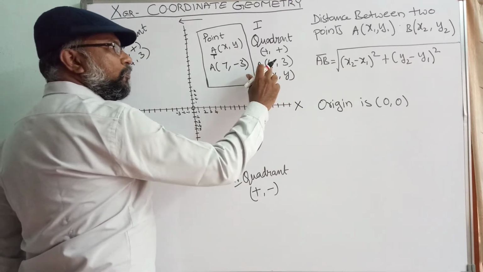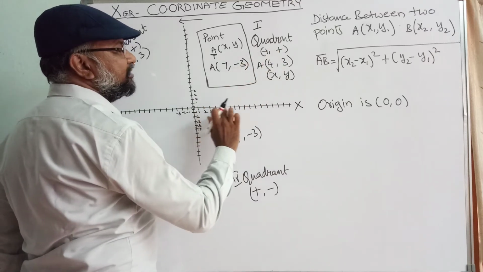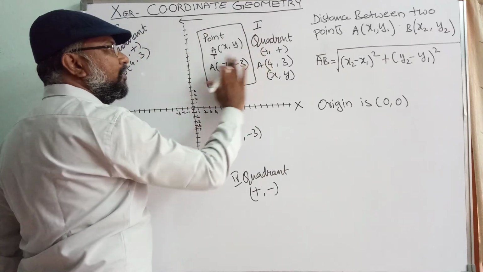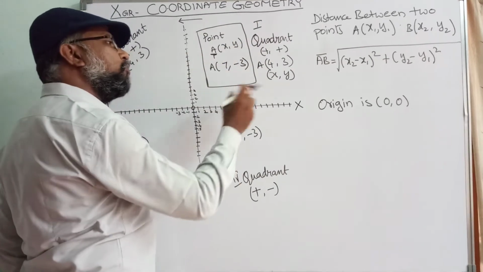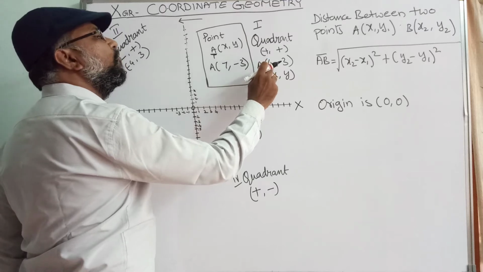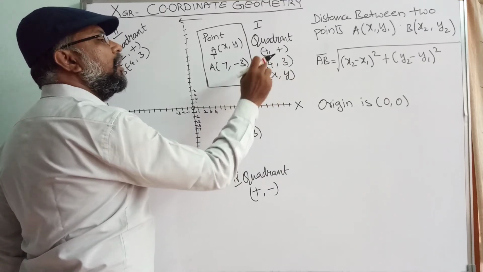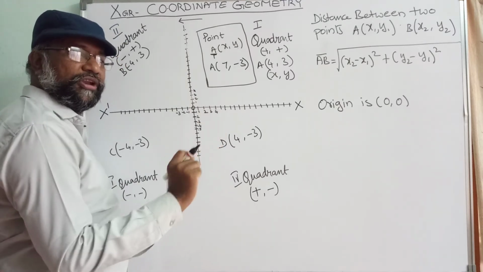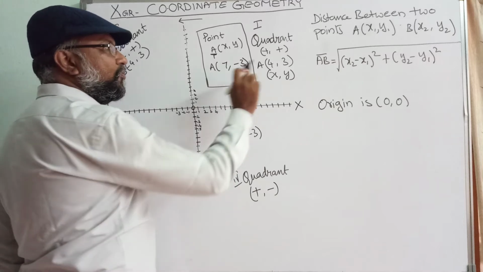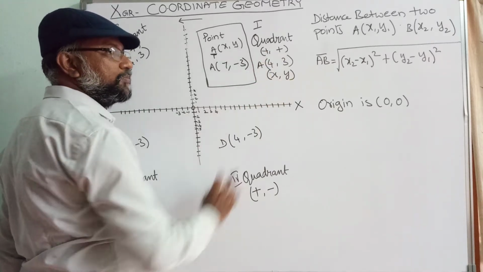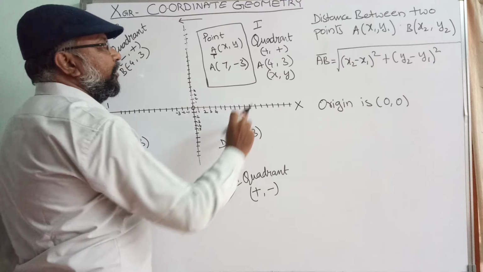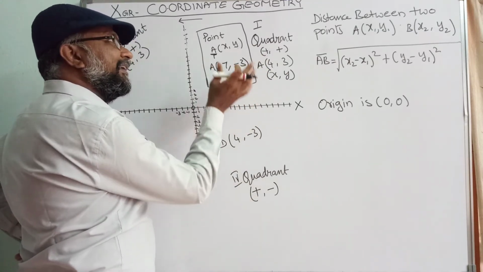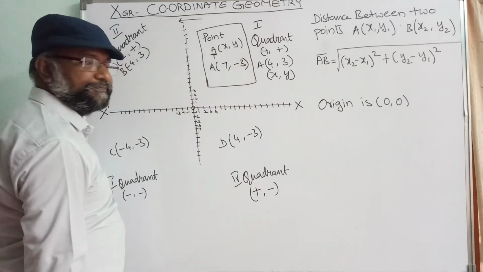So positive, positive: the x value is positive, the y value is also positive. This part belongs to the first quadrant. So a point, for an example, (4, 3). The comma also should be read out. If you read it as just 4 3, it doesn't mean the same. So (4, 3) is the correct way of writing a point form. Therefore, positive 4, positive 3 for a point in the first quadrant.